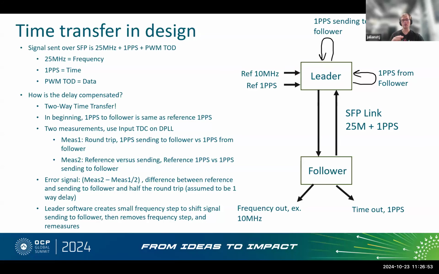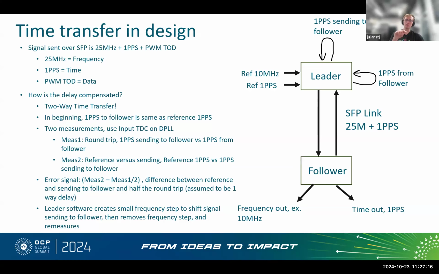So in order to do the full calibration, you need 2 measurements. One is the round trip delay. So the leader needs to measure, this is the way I implement it, at least, there might be another way, but the leader needs to measure the round trip delay. So its estimate of how long it takes for its signal it's sending to the follower to come back. So for that, I drew the two little squiggly arrows.